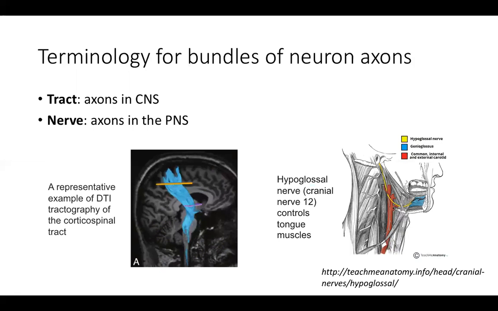And so here I've provided a representative example called the corticospinal tract. And again, here's a DTI image, diffusion tensor imaging, which allows us to look at axons in the brain and specifically look at directions of axons in the brain.